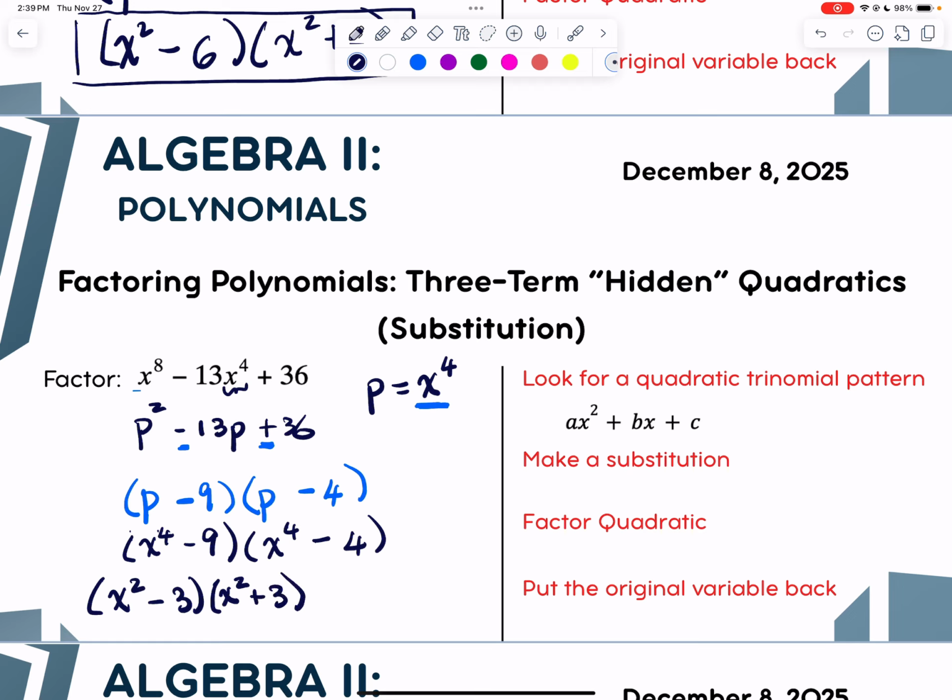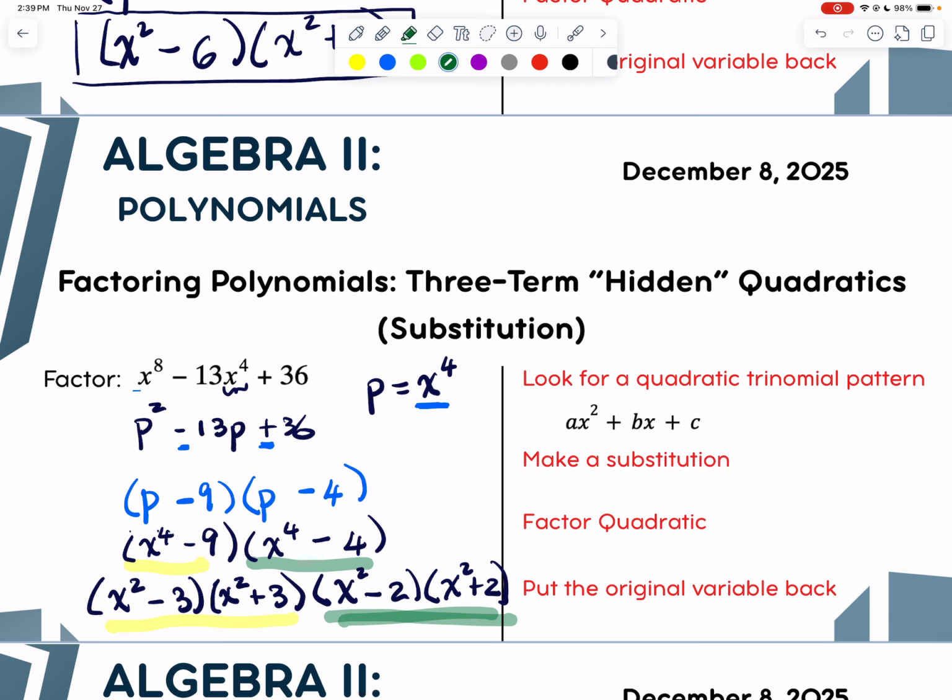So that's how that piece factors. And then we continue and factor the other expression, and we get x squared minus 2 and x squared plus 2. This we factored in green.